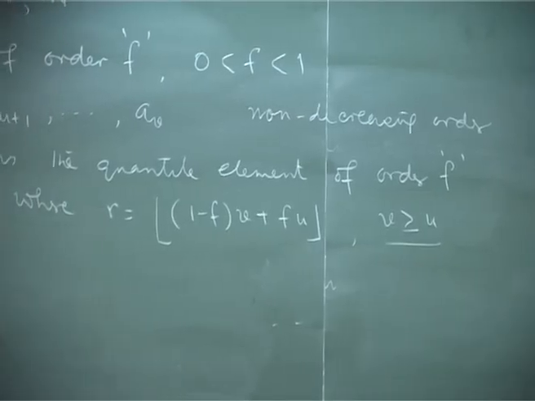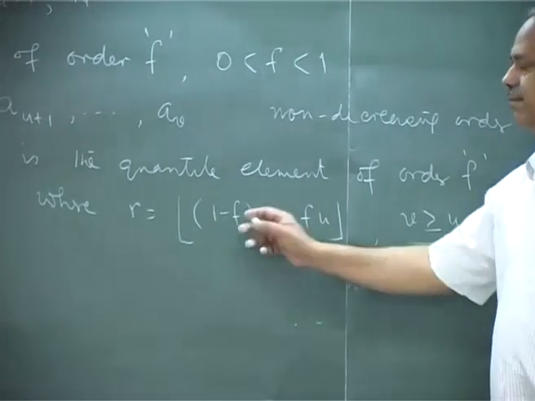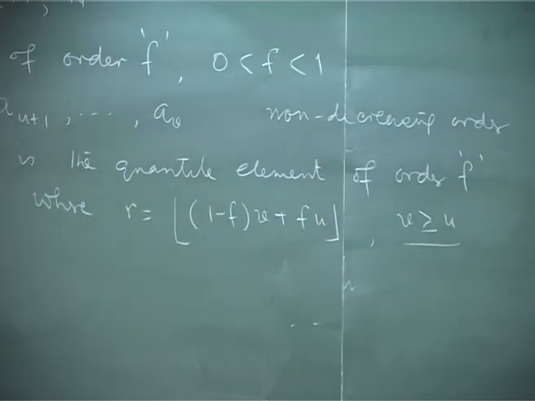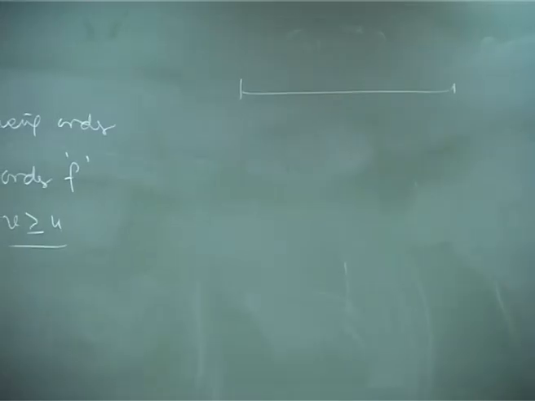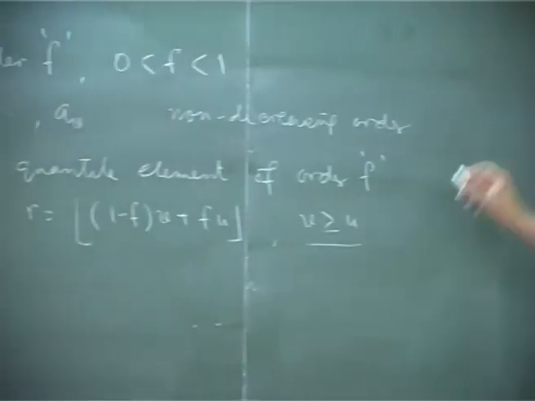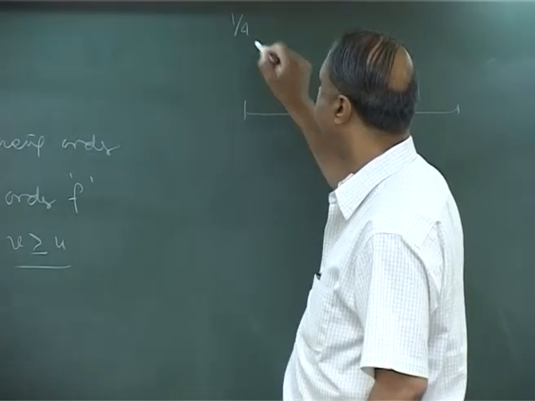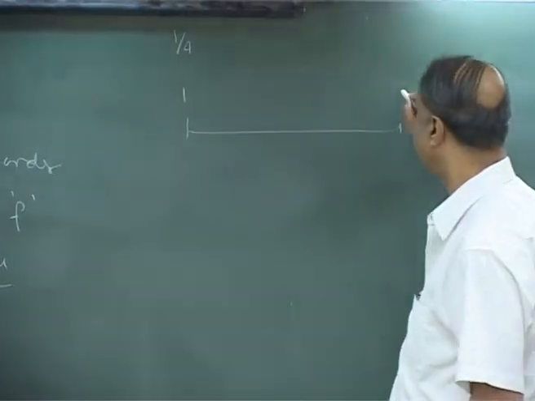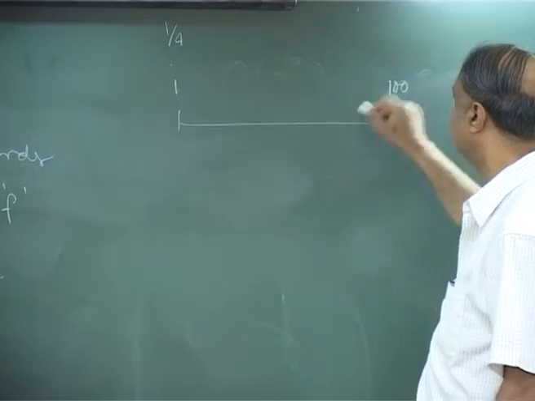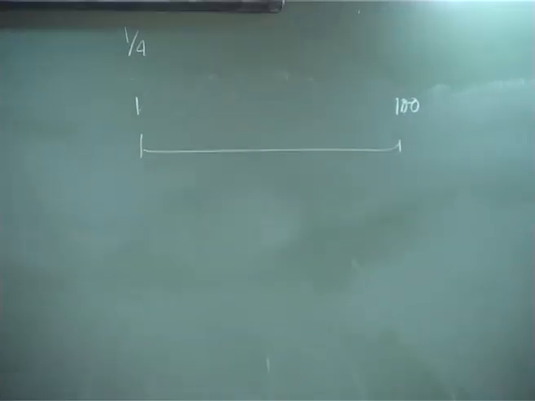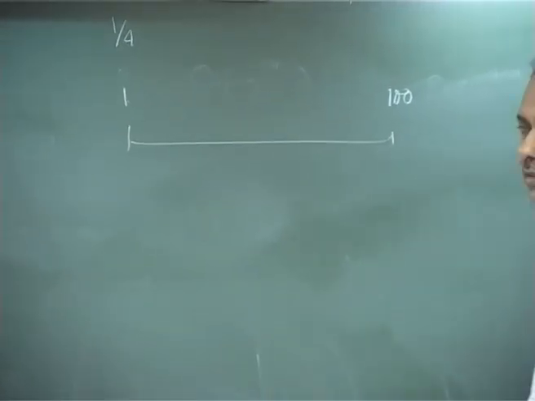Suppose F is half. What it means? It means U plus V divided by 2, that is the middle element. Suppose F is 1 by 4, and say U is 1 and V is say 100. So what it means?